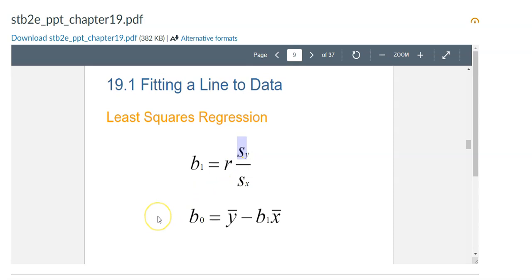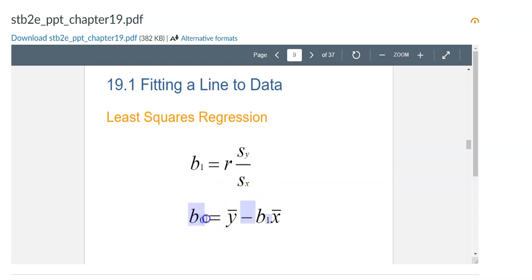S represents standard deviation, and Y represents the dependent or response variable, so SY is the standard deviation of response values. You multiply it by the correlation and divide it by the standard deviation of x values, or explanatory values.